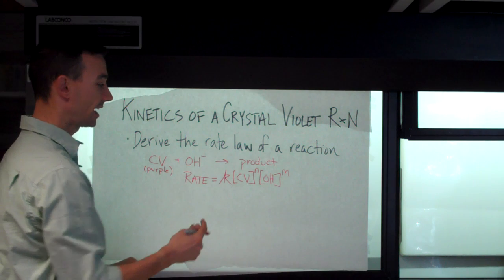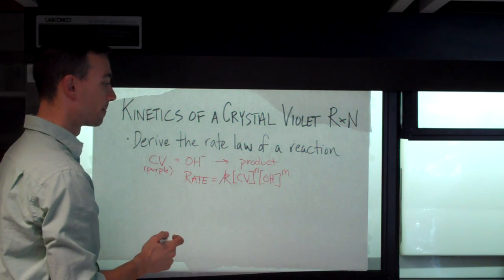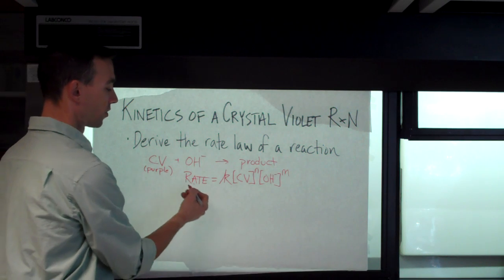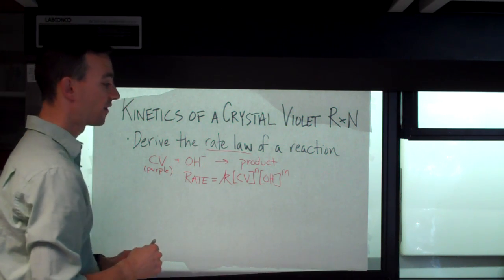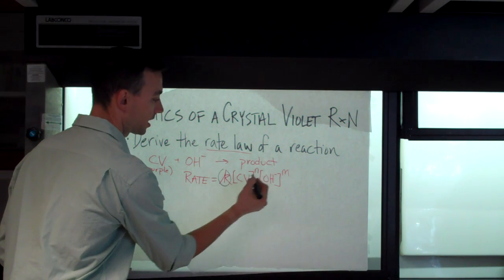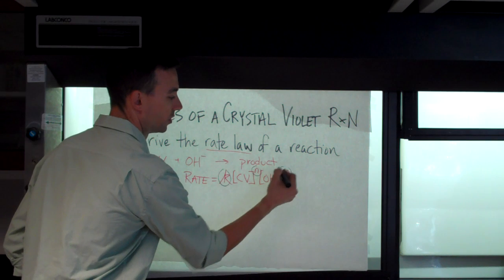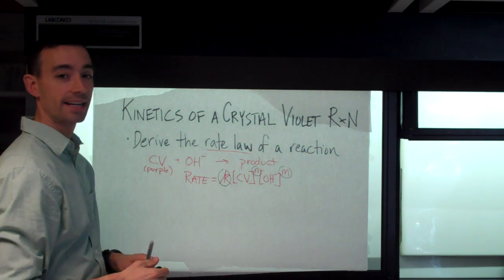And each of these reactants in our rate law has an order, N and M. So in order to know the rate law of our crystal violet reaction, we need to find these three missing components: the rate constant and the two respective orders of our reactants.